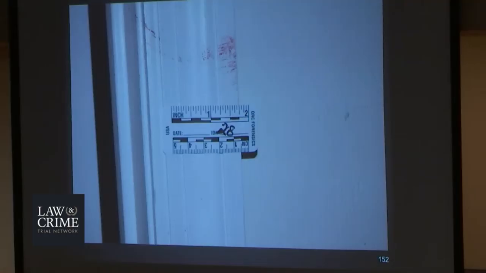So you have some small amounts of blood in this area, but again, not large, significant amounts like you see in the foyer. And were you able to make any determination about that swipe mark as you're going into the common bathroom? Just the direction of it actually is toward the bathroom, going into the bathroom.